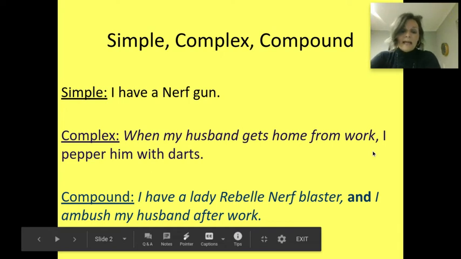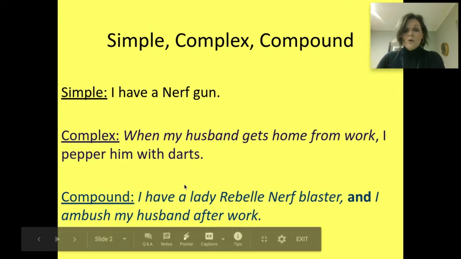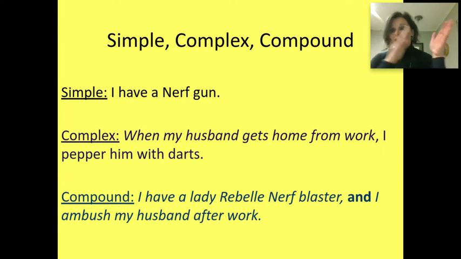And I bet you can tell what a compound sentence will be. Instead of having a dependent clause that's dependent for information, you'll have two independent clauses or two sentences. Each one can stand alone, but why wouldn't we want to have sentence, period, sentence, period, sentence, period? It would be short, choppy, robotic, boring sentences. Like I'd say, I have a Lady Rebel Nerf blaster, period.